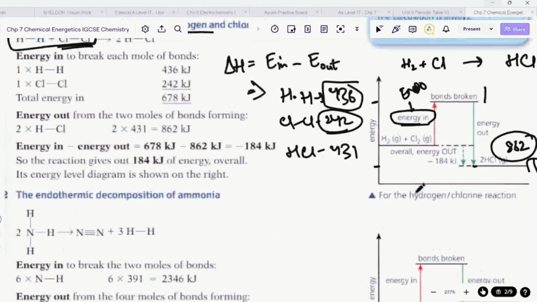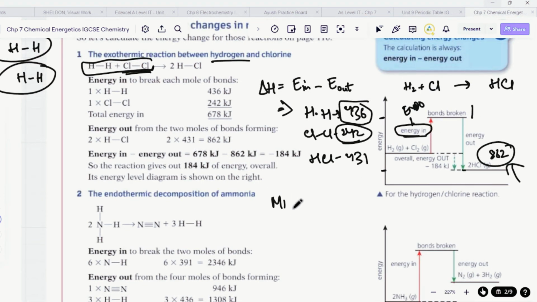Nexo bendo. Remember? Nexo means making of bond. So bond making is over here. Bond breaking is over here. Energy is taken in this part, energy is taken out in this part. When we are giving in energy, that means it is the endo part. When we are giving out energy, it means it is the exo part.